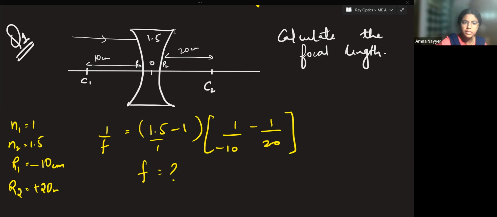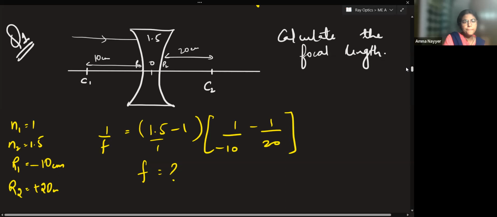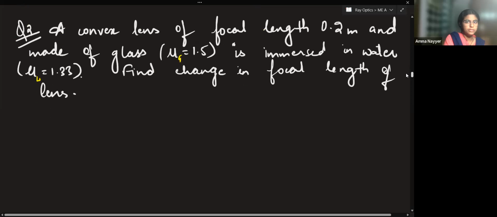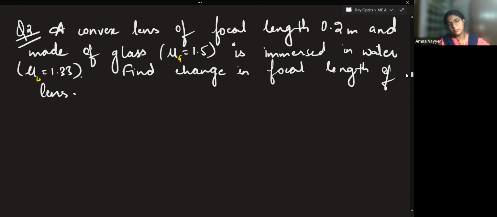Others also check whether it's minus 0.075 centimeters or not. Atif, you also just recalculate it once again. One last numerical. Okay, let me know. Just see your calculation. I think it should come out to be minus 40 by 3 as far as I remember the answer. But check what comes after calculation.